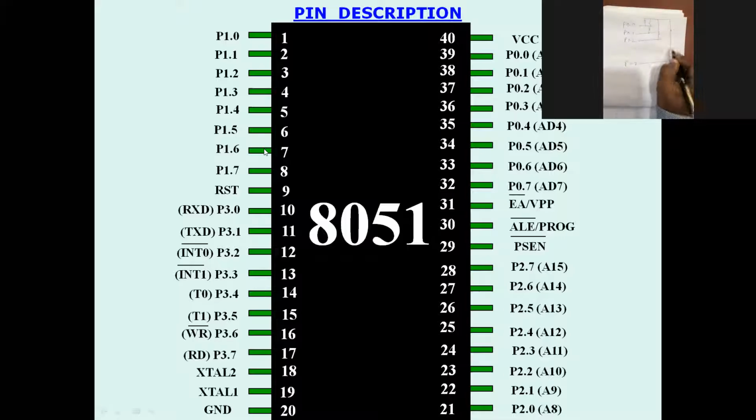All are 10K resistances connected with plus 5 volt. So one voltage is coming through port 0 and another voltage is coming through that. According to that, any circuit can be operated.